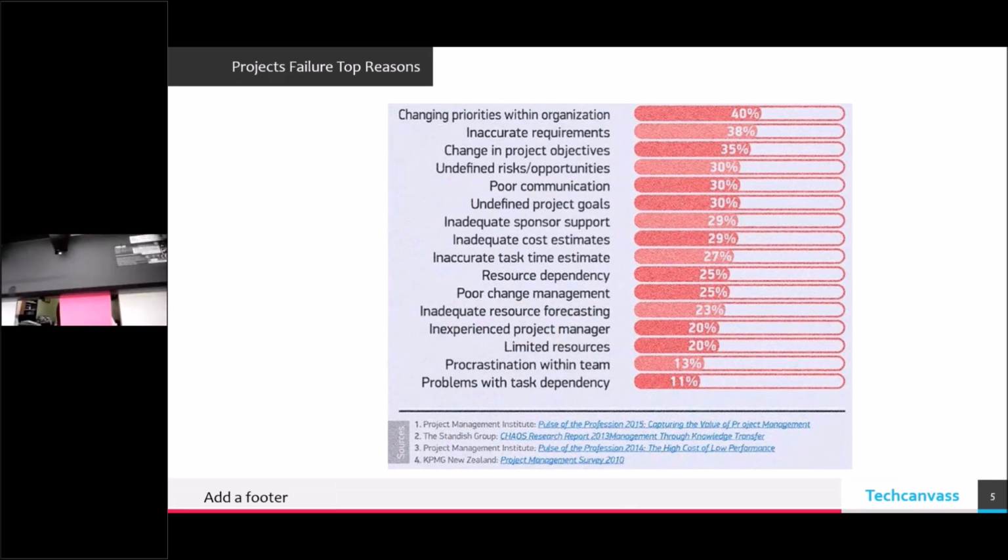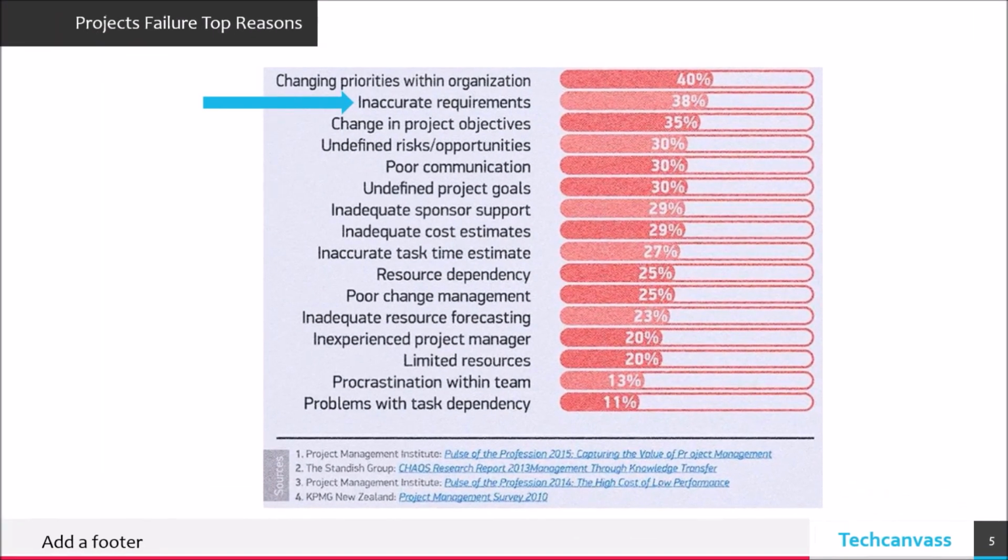This particular chart provides the top reasons as to why projects fail. If you look at the chart, the second point is inaccurate requirements. That has been common in almost all the surveys. The percentages may change, but this has always been one of the top reasons for the failure of projects.